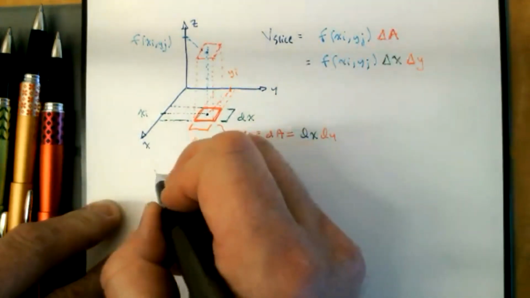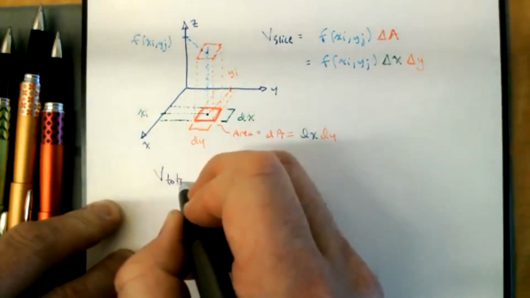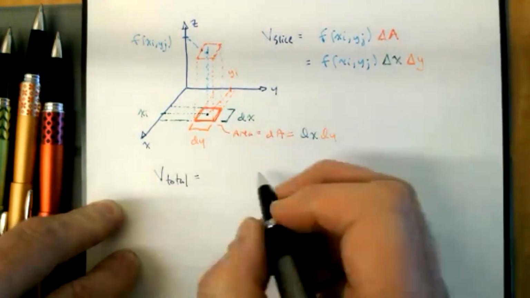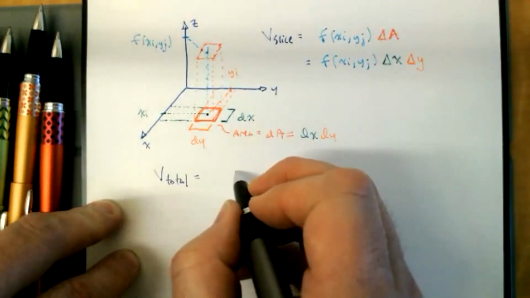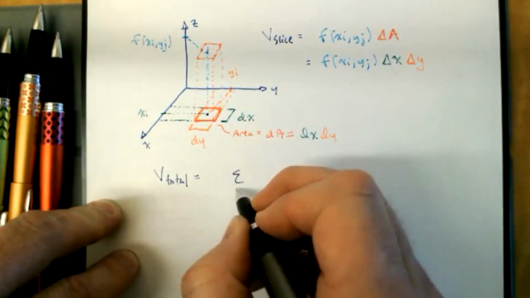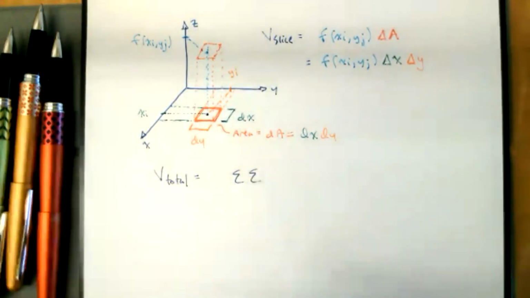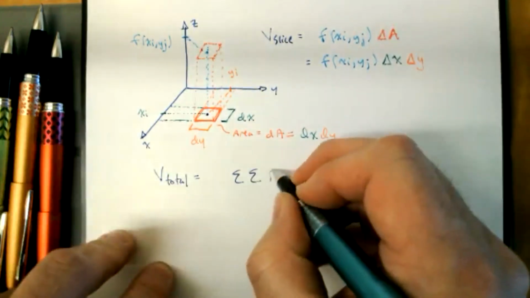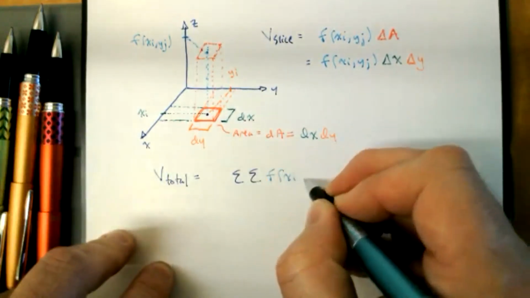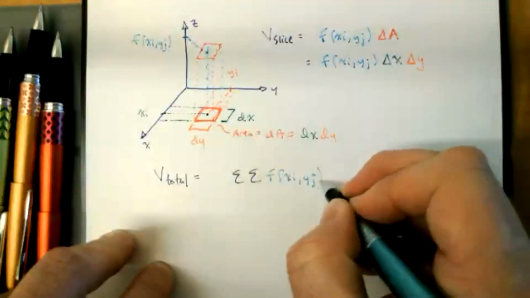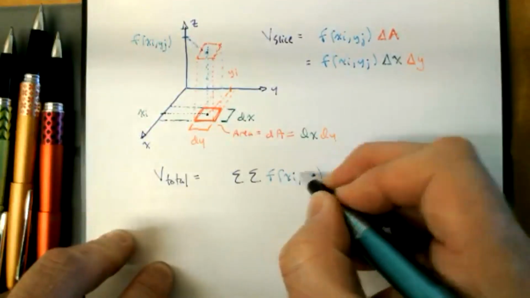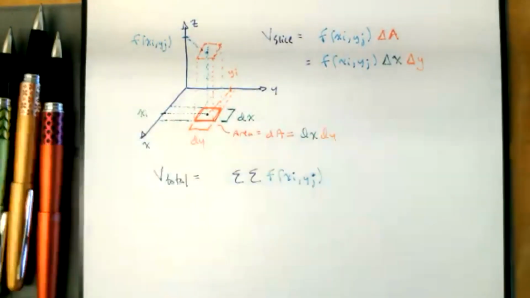So the total volume is going to be the sum of f of xi, yj. Those are just indices. I'm going to have a double sum, one for the index i and another one for the index j.